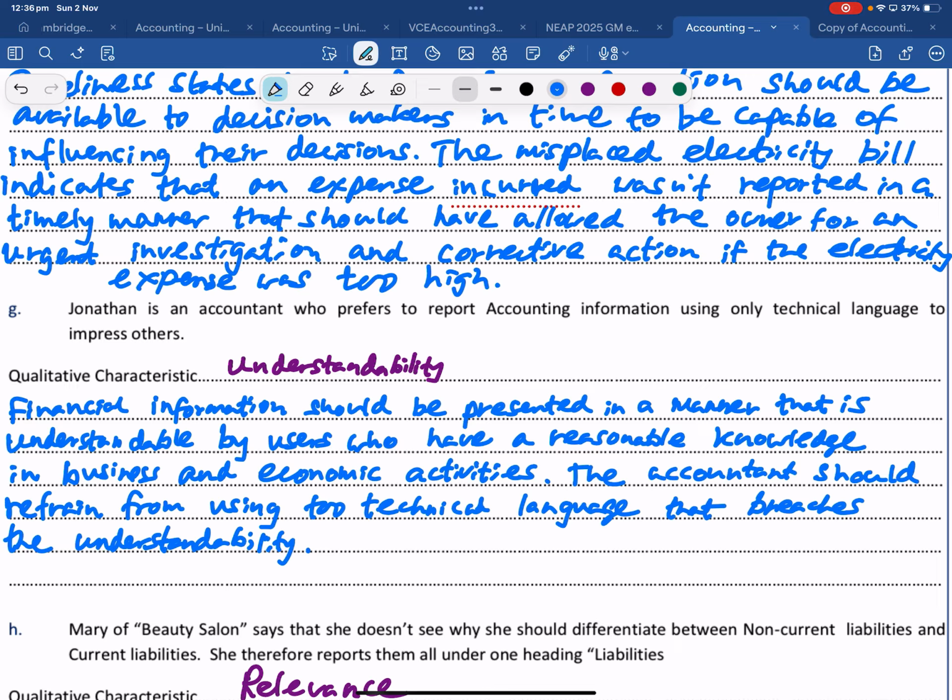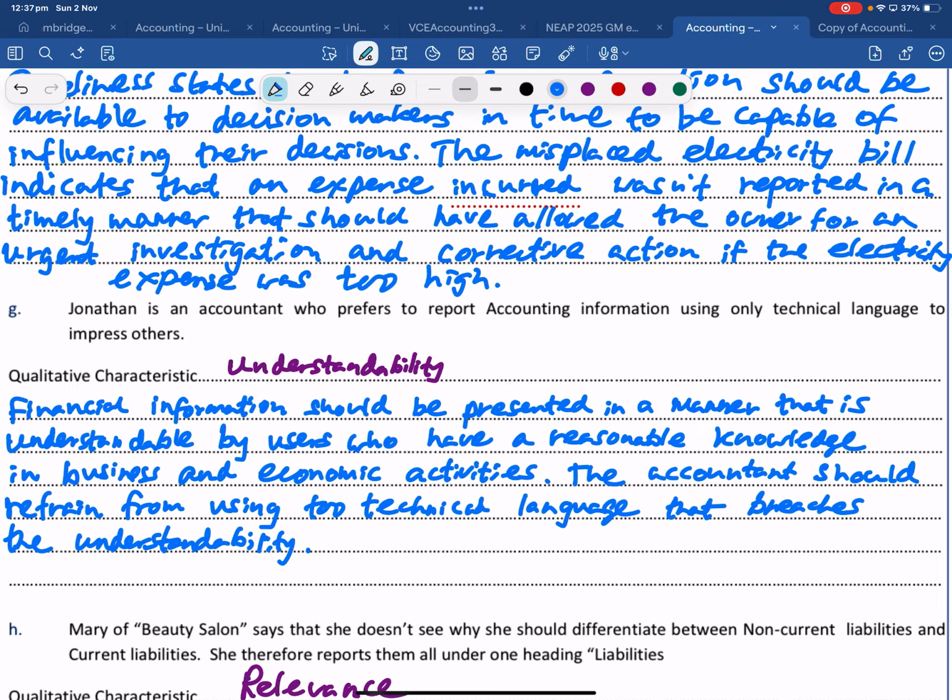No. Relevance. Interesting. Verifiability?